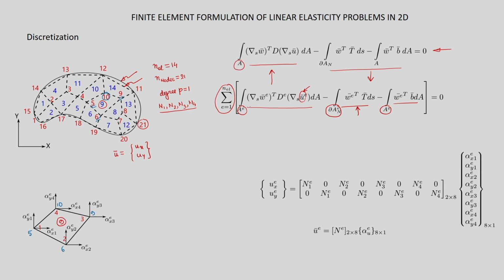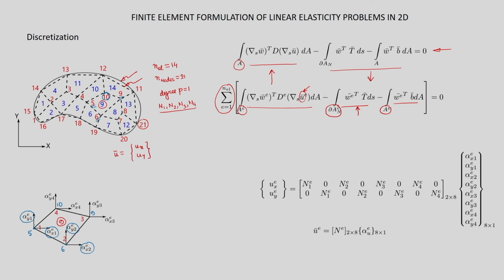So, now in this element, at every point the displacement has two components. So, is the case for nodes also. So, at each node we have represented this displacement with alpha x1^e, that is in the x direction, and the displacement of node 1 in the y direction as alpha y1^e. So, for node 2, the x displacement is alpha x2^e and the y displacement is alpha y2^e.